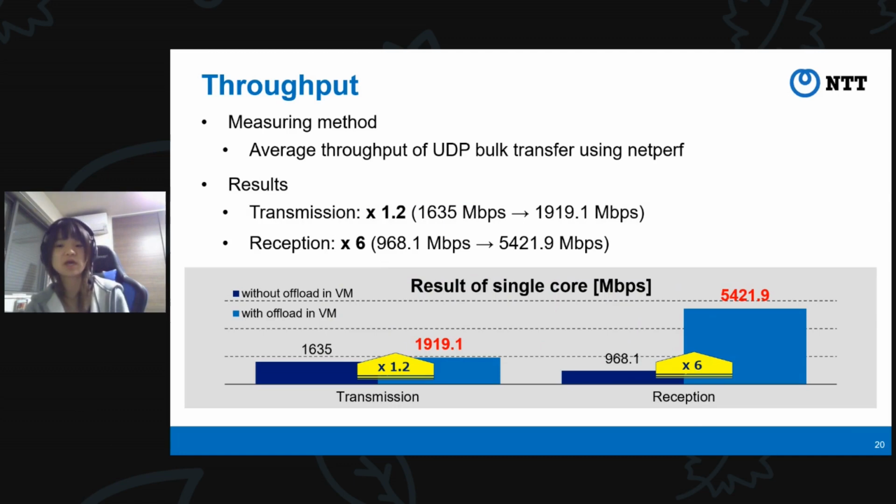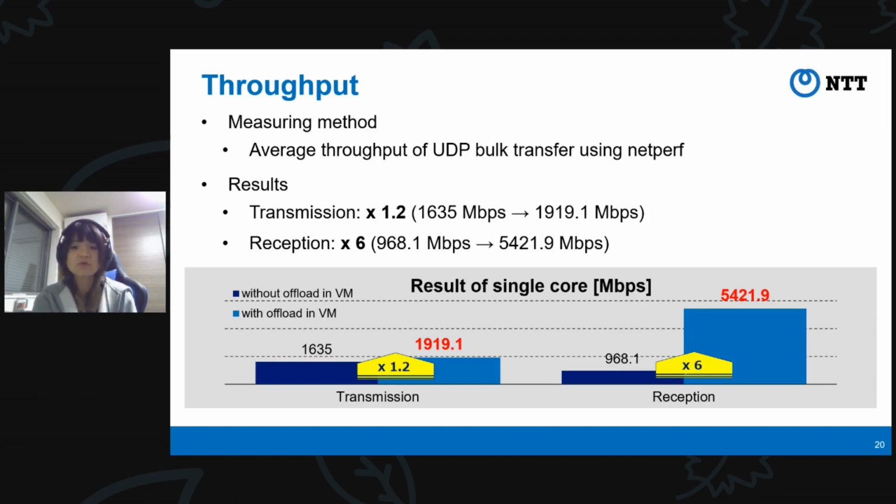First, this is about throughput. The value of the measuring result means the average throughput of UDP bulk transfer using netperf. These graphs show the results of transmission and reception.